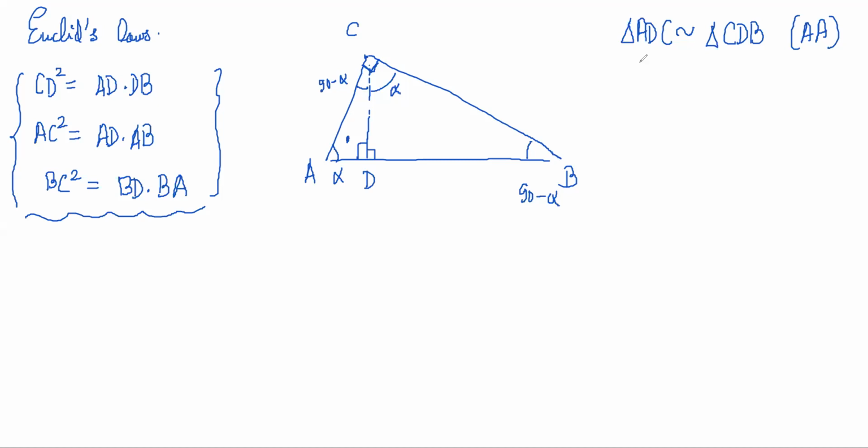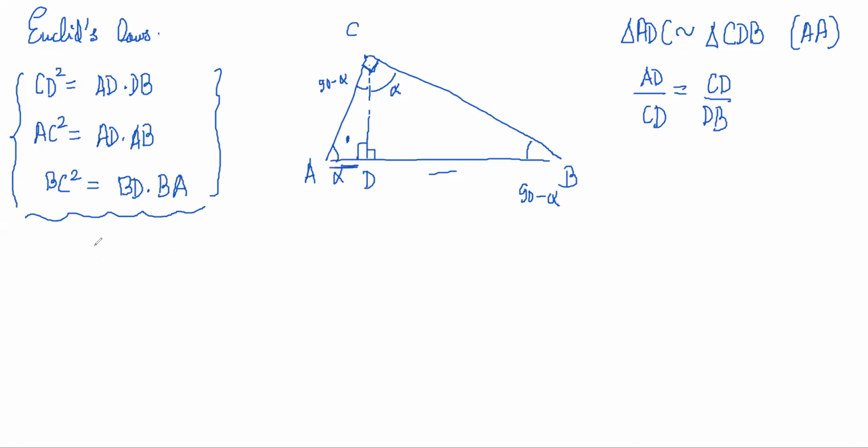So here you can write AD by CD is equal to CD by DB. How am I writing the similarity? Sometimes people get confused in similar triangles.